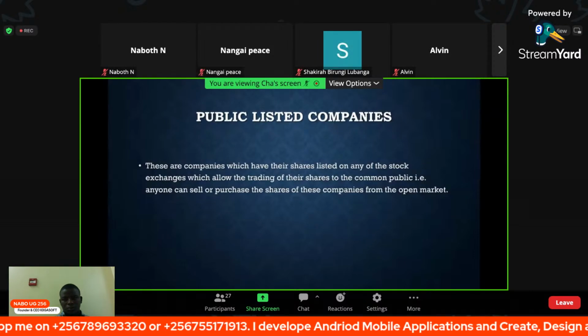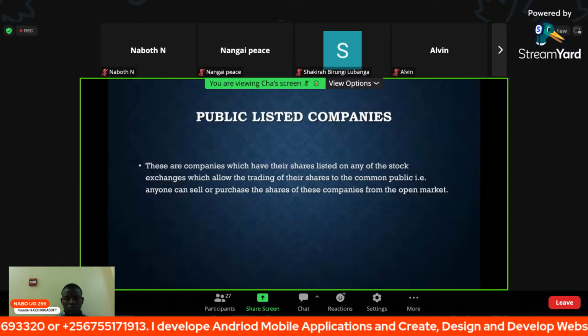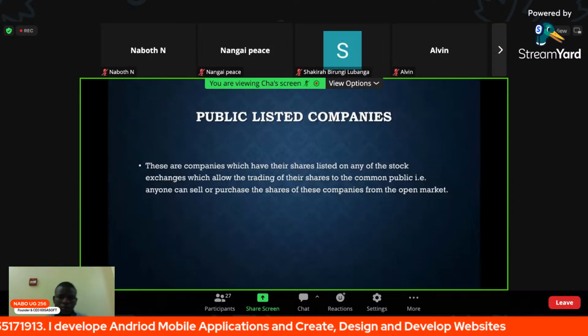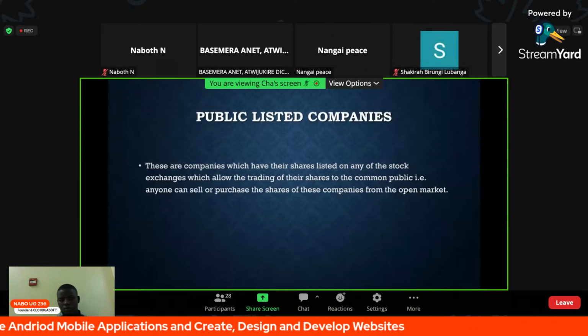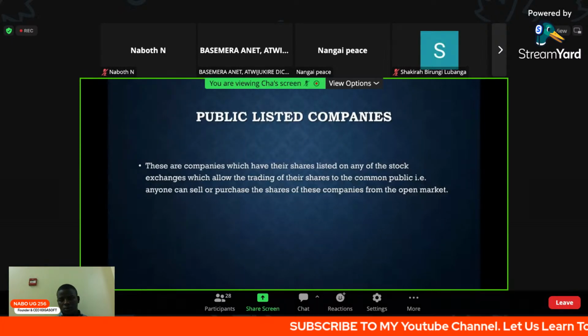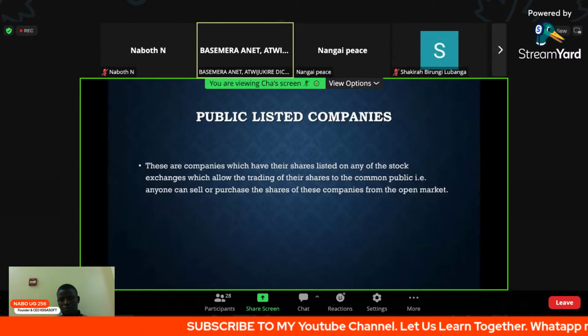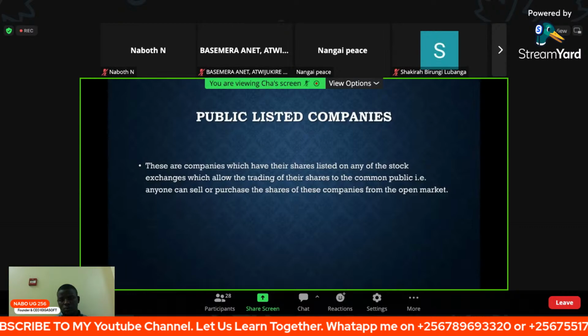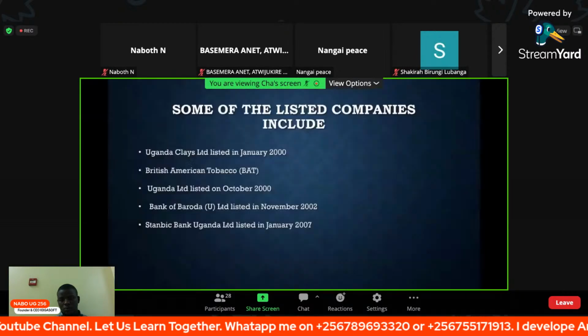Public listed companies are companies which have their shares listed on any of the stock exchanges, which allow the trading of their shares to the common public. This is to say, anyone can sell or purchase the shares of those companies from the open market. Next slide, please.